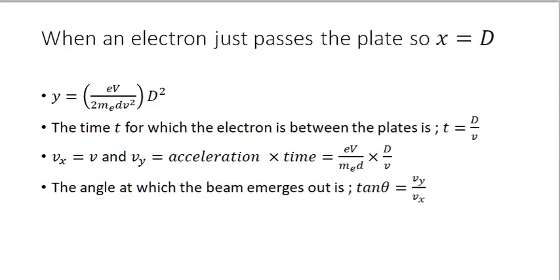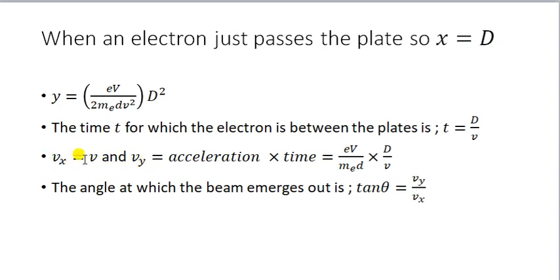When the electron just completely passes the plate, the horizontal displacement will be equal to the length of the plate, and the length of the plate is capital D. Again, if we want to find the velocity, v is equal to u plus at, we know that formula.